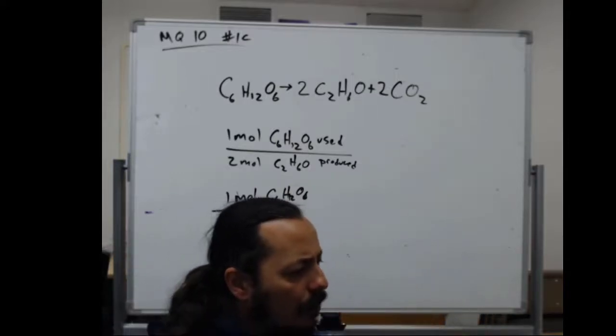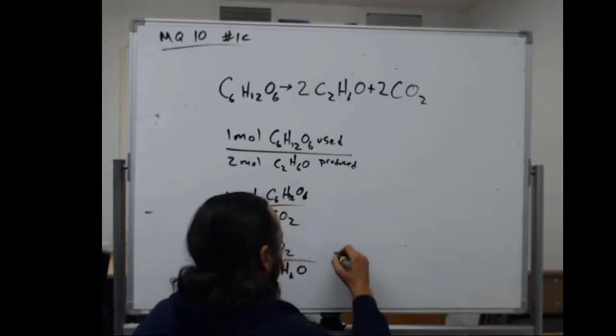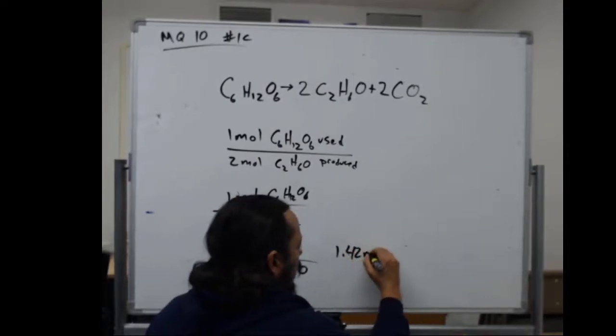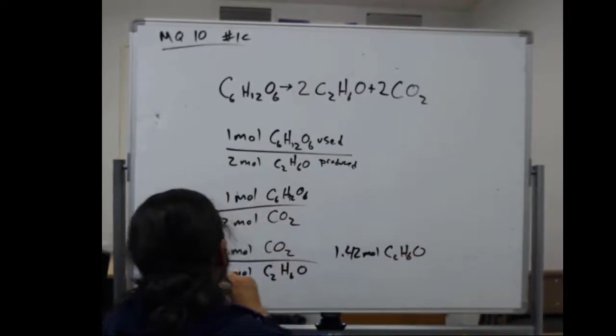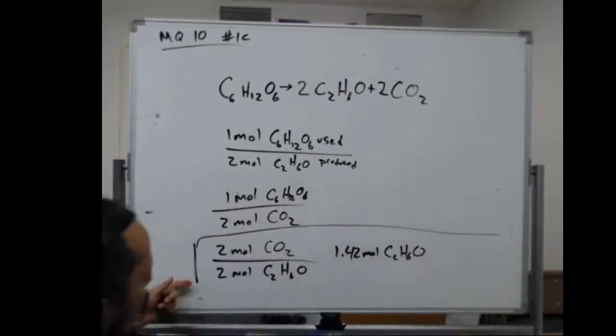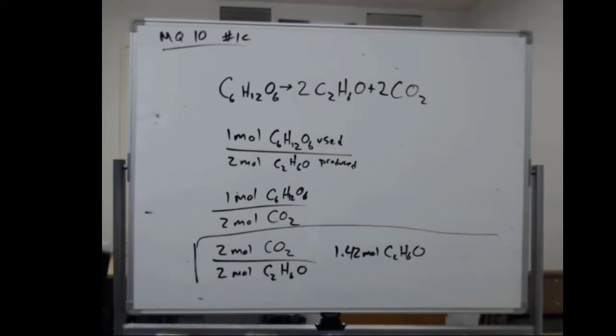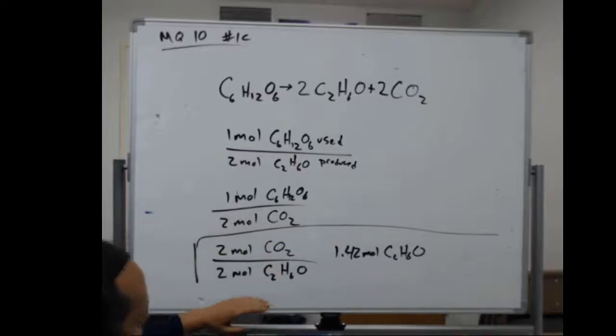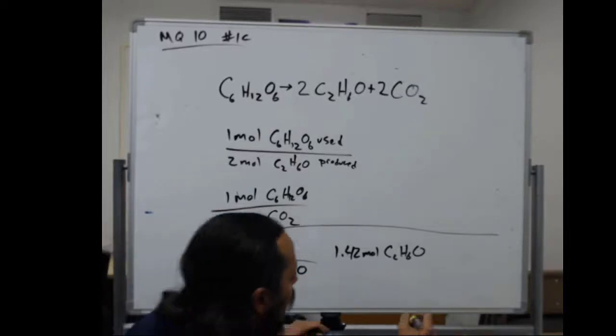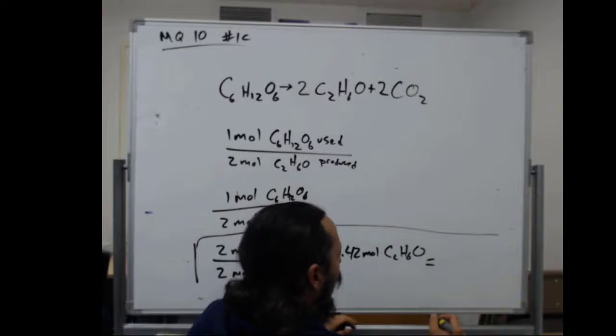So if we've got 1.42, I can use this relationship on the bottom, the relationship from our chemical reaction, our recipe, which tells us that the amount of C2H6O produced is going to be related to the amount of CO2 produced. Mathematically, it's really boring.